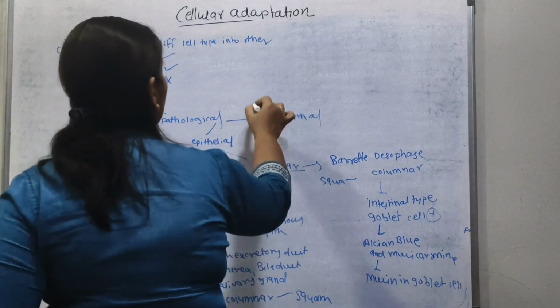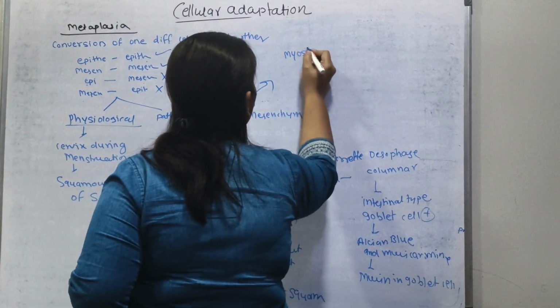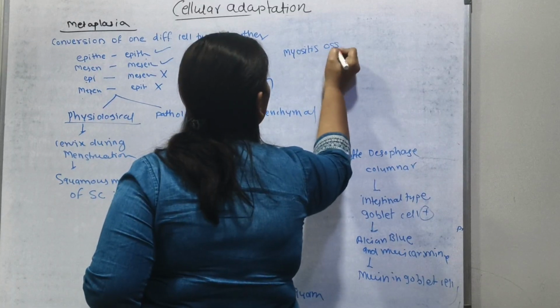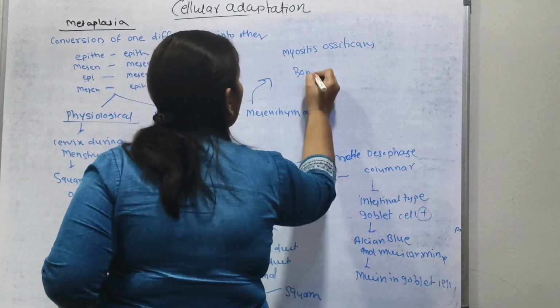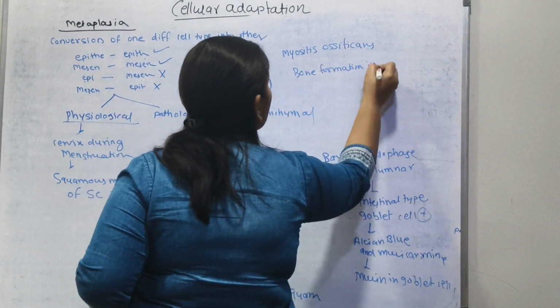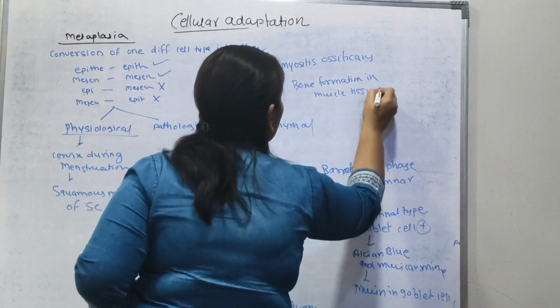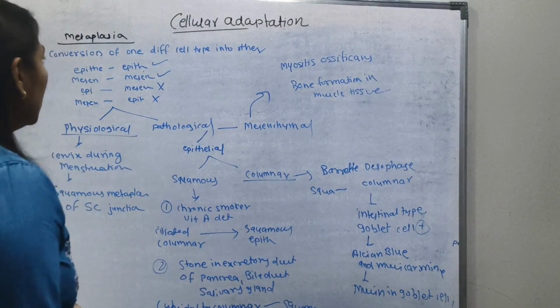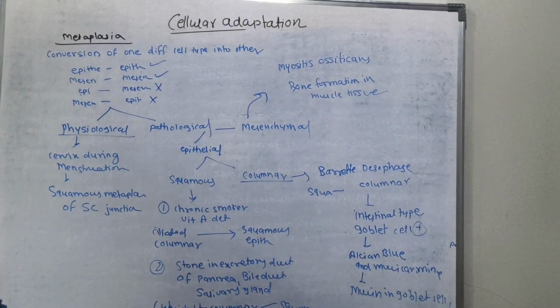Then mesenchymal metaplasia. In mesenchymal metaplasia, one example is myositis ossificans, that is bone formation in muscle tissue. What is the mechanism behind metaplasia?